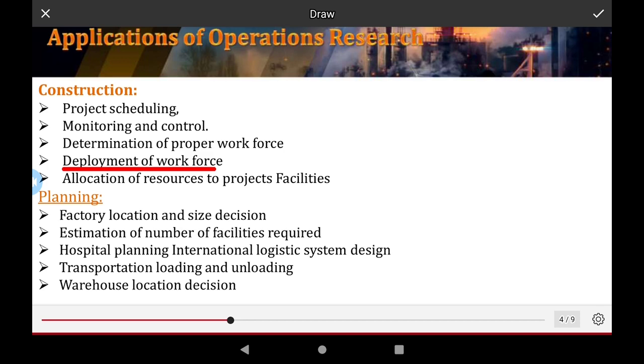The managers, the chief engineers and the chief of the project provide some facilities to the workers, and the workers perform the work continuously.